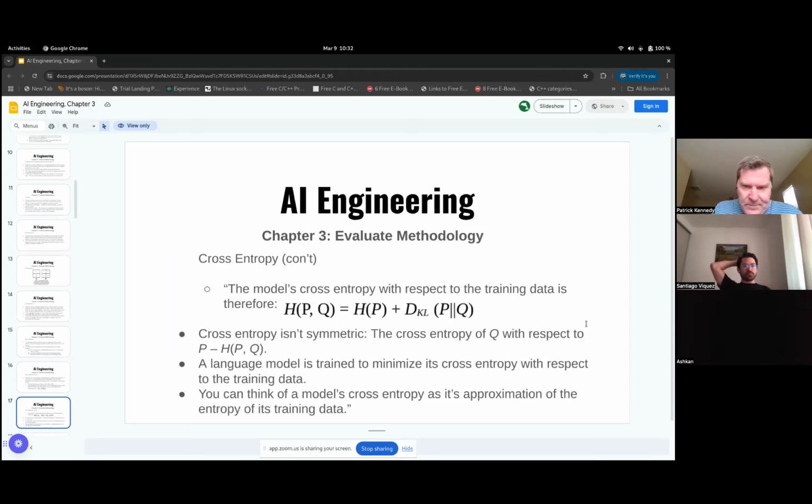Anyway, here we have the model's cross entropy with respect to the training data, which is therefore H(P,Q), equivalent to H(P) plus the divergence D_KL(P || Q).